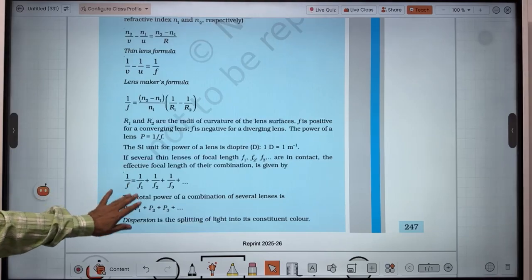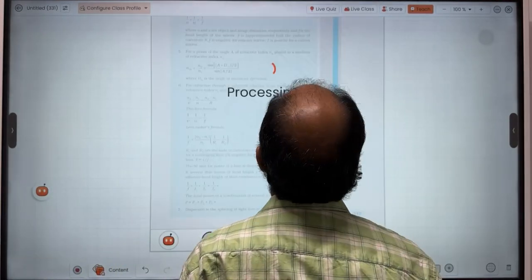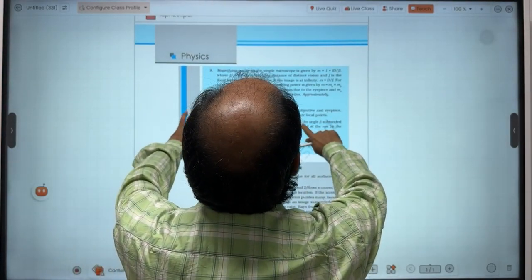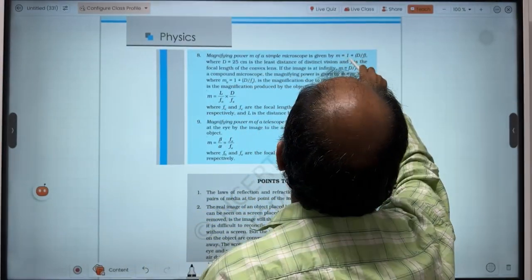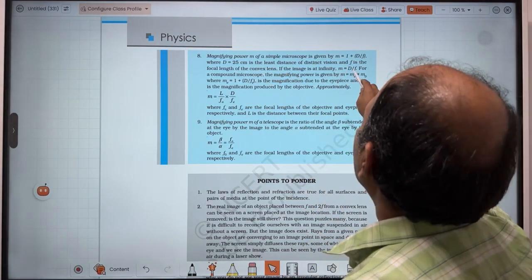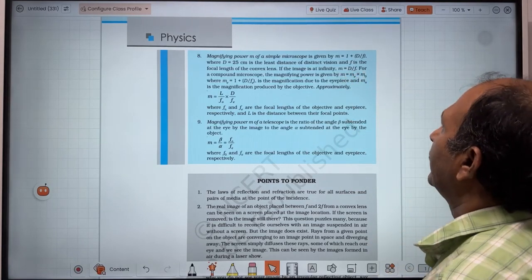And then dispersion is the splitting of light into different colors. And then comes the magnifying power of a simple microscope, given by m equals 1 plus D upon f, where D is 25 centimeter. And if the image is formed at infinity, then m equals D upon f.